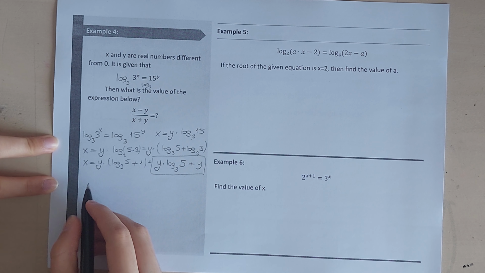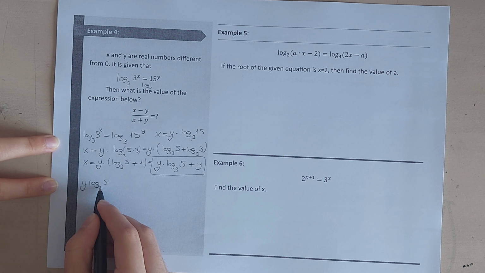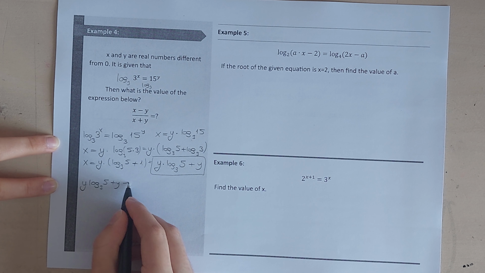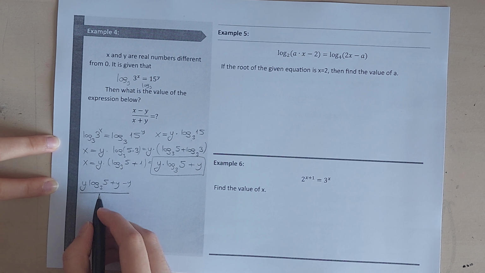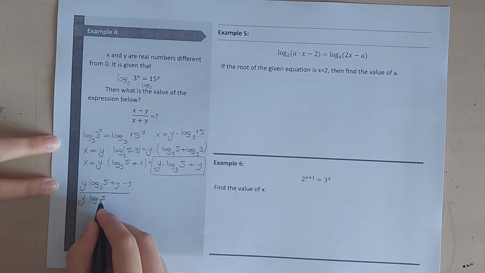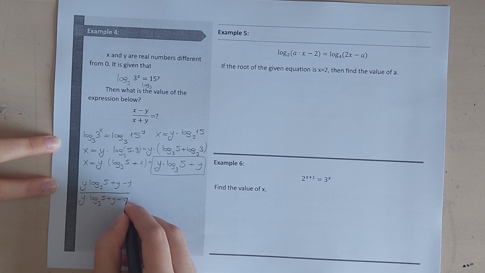That's why x minus y becomes y times logarithm of 5 to the base of 3 plus y, and here I have also minus y over x. There is an x, that's why I'm writing y times logarithm of 5 to the base of 3 plus y, and also I have a y here.